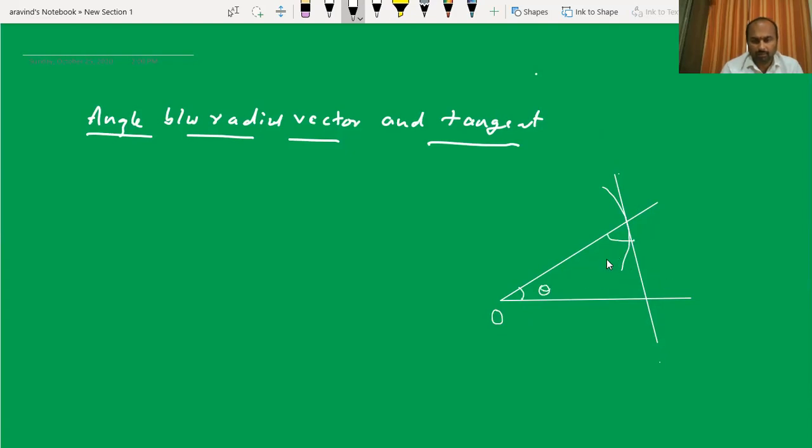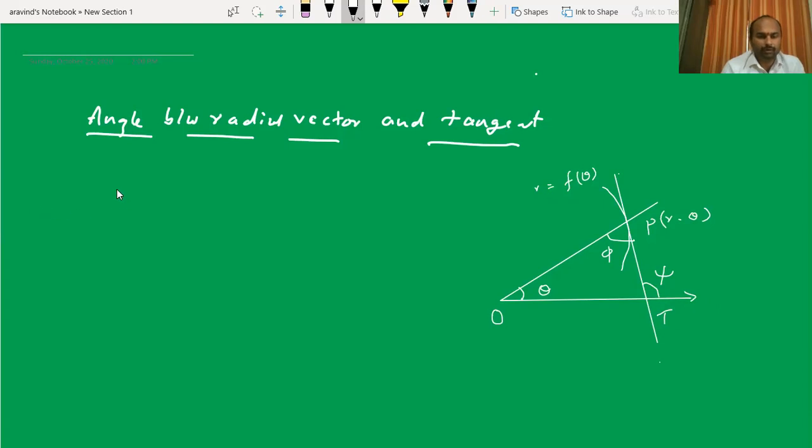So the angle between radius vector and tangent is denoted by phi, and this is the angle denoted by psi. So this point is taken as P of r comma theta, and this is the curve r is equal to f of theta.